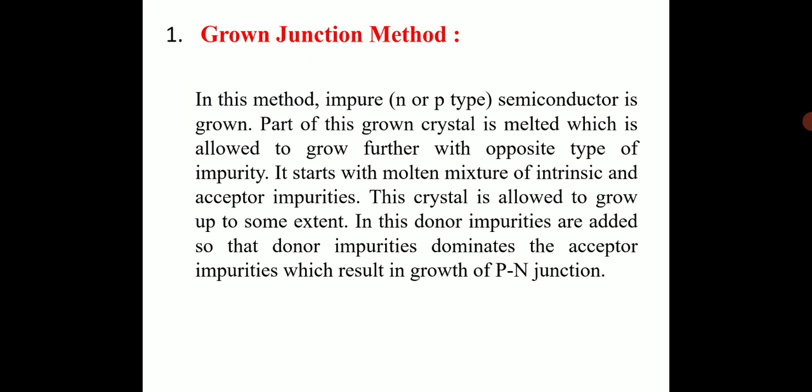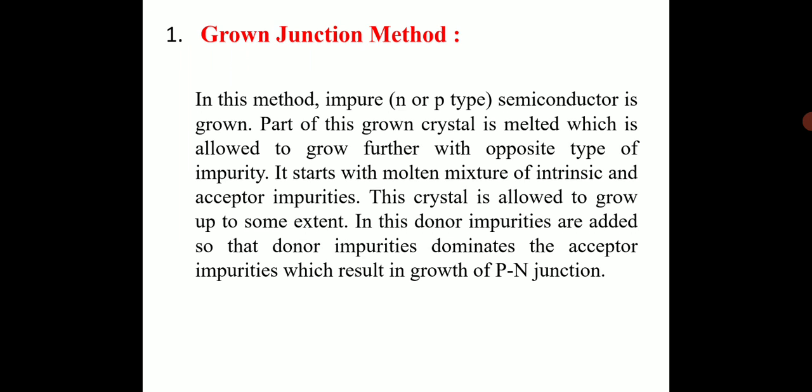The junction is produced by changing the types and amounts of donor and acceptor impurities that are added during the growth of the semiconductor crystal from melt. That is the meaning of grown junction.